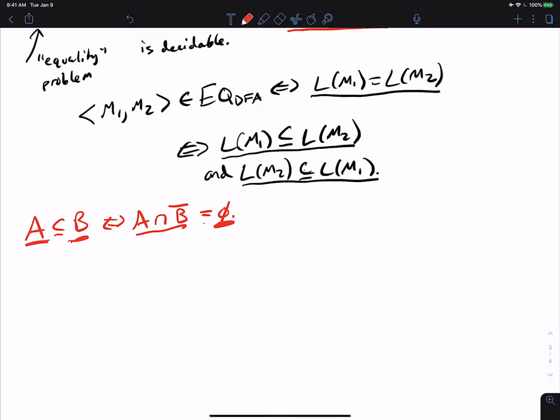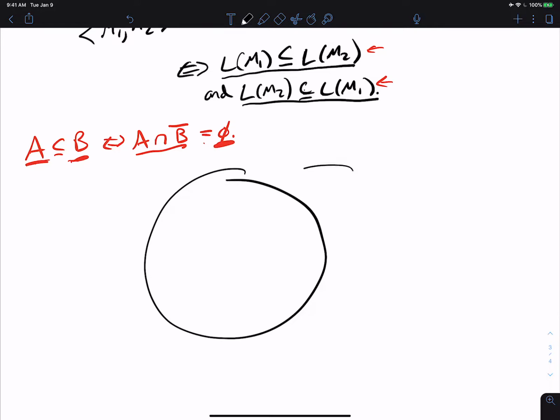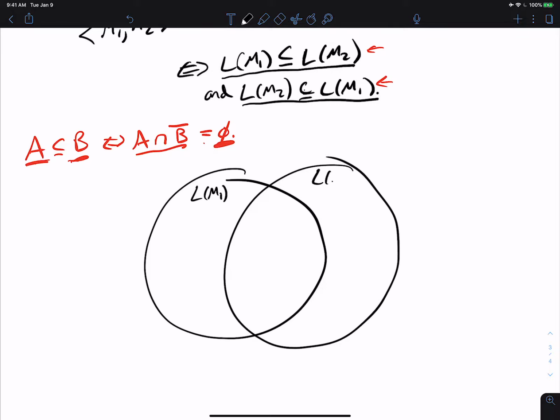But we have this pesky other one that has it in both directions. So a visual way of looking at this is to make a Venn diagram. Not the best Venn diagram I've ever done, but let's just say that we have L of M1 be the left bubble, and L of M2 being the other one.